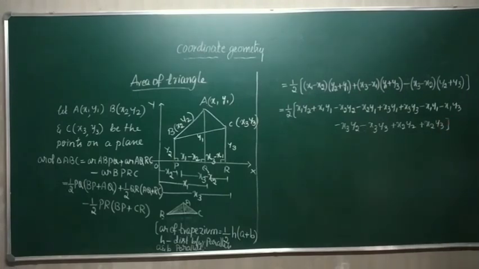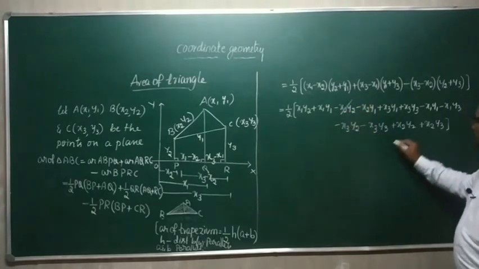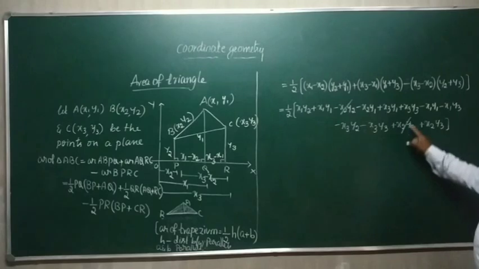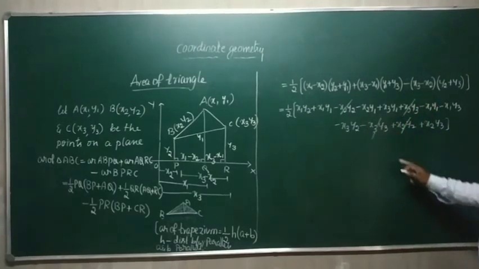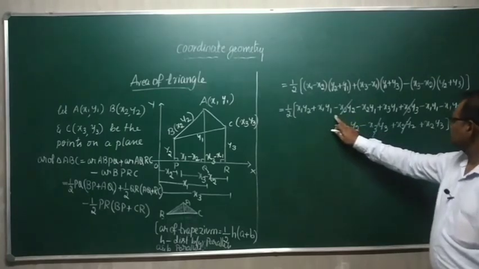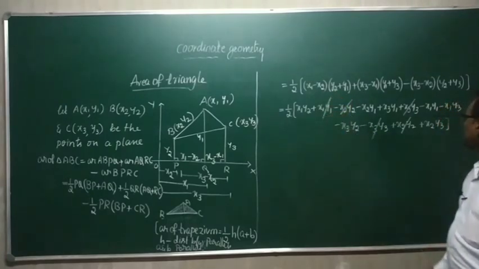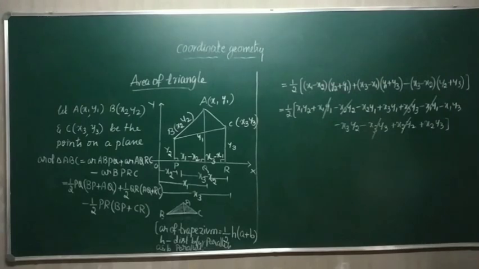Yes, observe which terms get cancelled here. Minus x2 y2 plus x2 y2 cancel, plus x3 y3 minus x3 y3 cancel, and plus x1 y1 minus x1 y1 get cancelled.